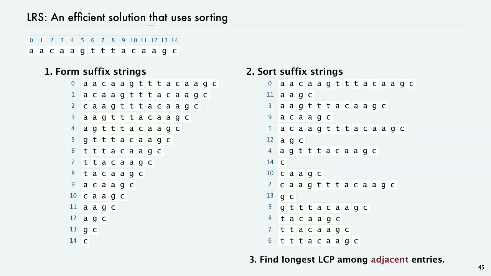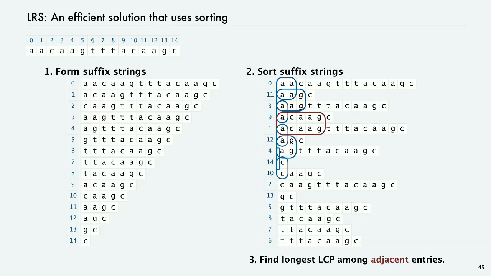So we just look at adjacent entries and find the longest common prefix among adjacent entries in the sort. If they're not together in the sort, they're not going to have as long a prefix as the ones that are together. That's easy to see when you think about it. In this case, AC and AAG come together in the sort, and that's the longest one.